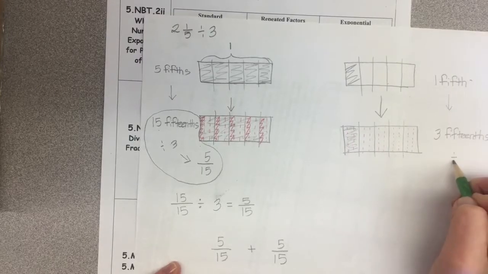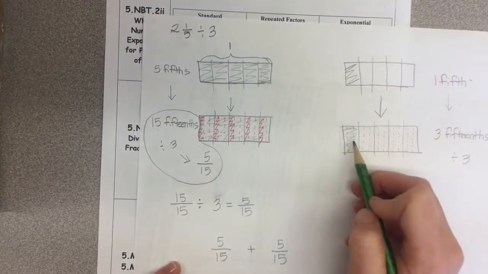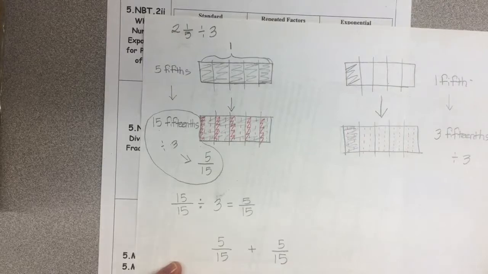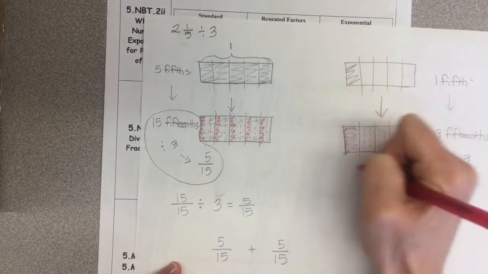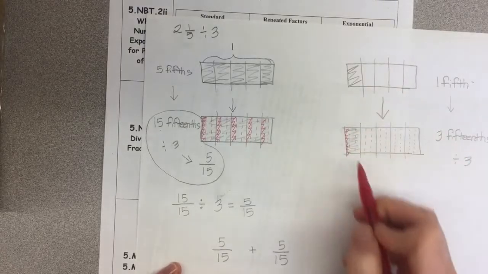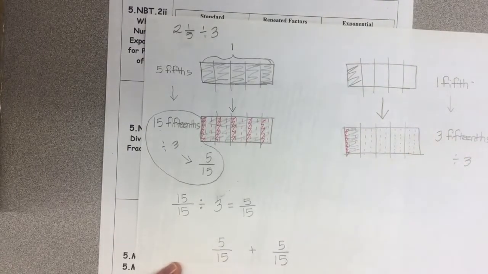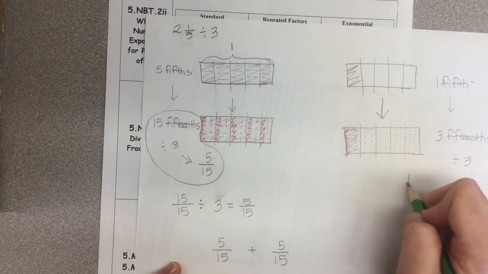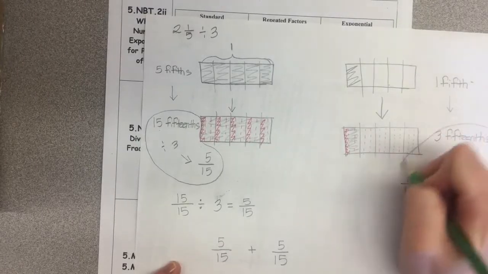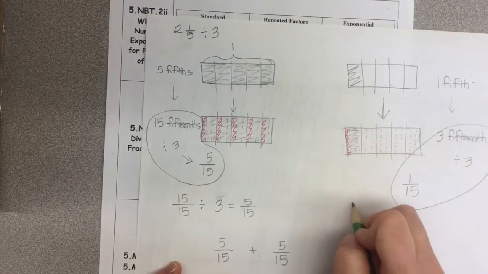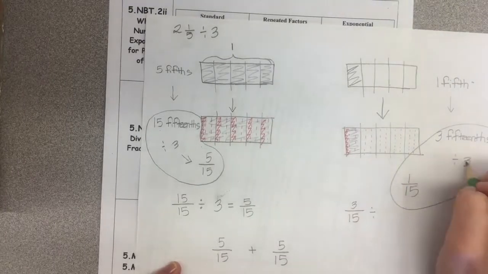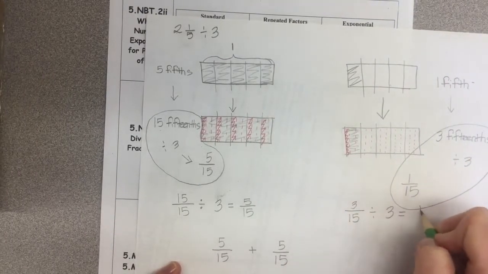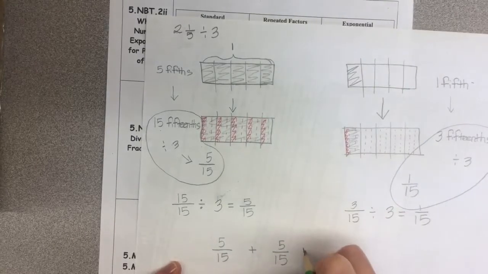Now, when I divide that by 3, I'm going to take one of each of my pieces. And this is the only piece I had, so when I take one of those, I end up with 1/15. So as an equation, I can write that as 3/15 divided by 3 is equal to 1/15. So I'm going to put that down here.